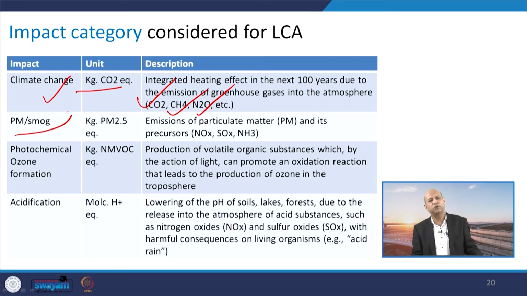Then if we talk about ozone production in the troposphere, right. So, photochemical ozone production, then we have to see its precursors. Precursors are like carbon monoxide or NO2, NOx emissions, and NMVOC, that is non-methane volatile organic compounds. So, all different kinds of emissions of precursors, we have to convert them into one unit, that is kilogram NMVOC equivalent. Okay. Because they participate in the production of ozone.